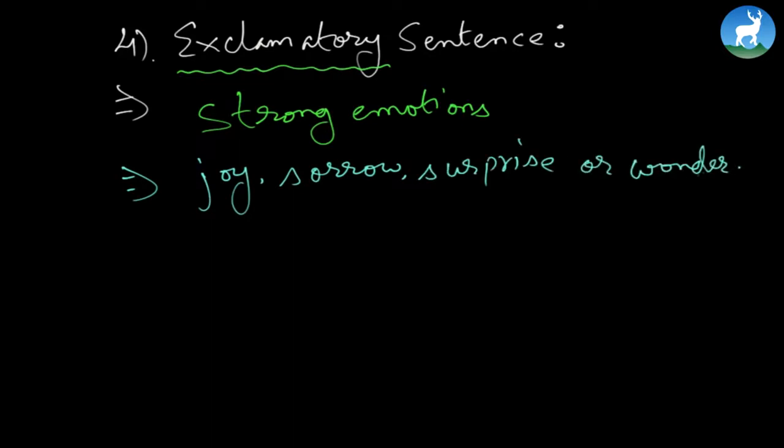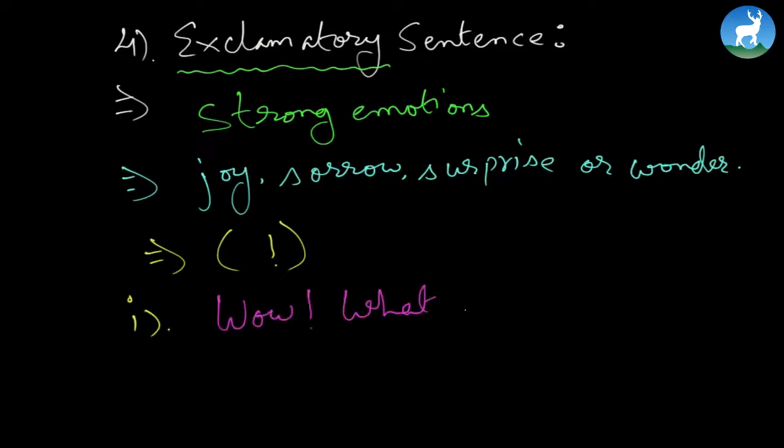So whenever sentences express these human feelings or strong emotions, such as joy, sorrow, surprise, or wonder, these are what we call exclamatory sentences. And usually it is accompanied by an exclamation mark. For instance, wow, what a lovely name!